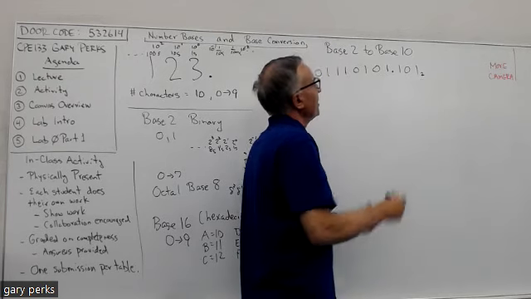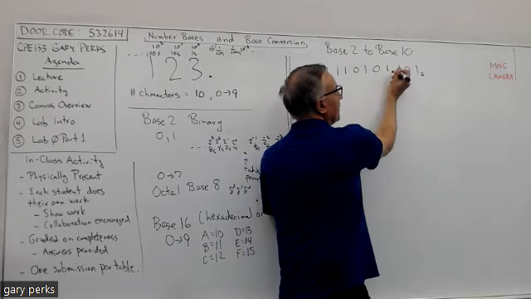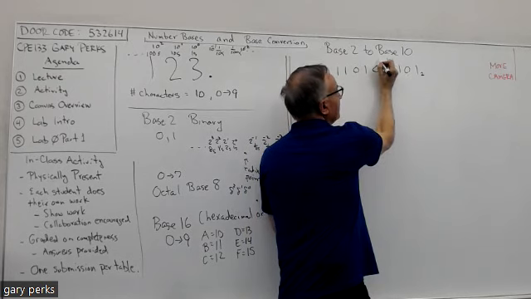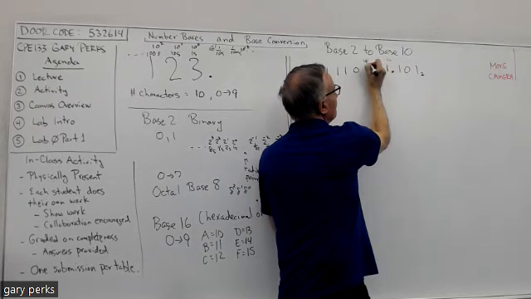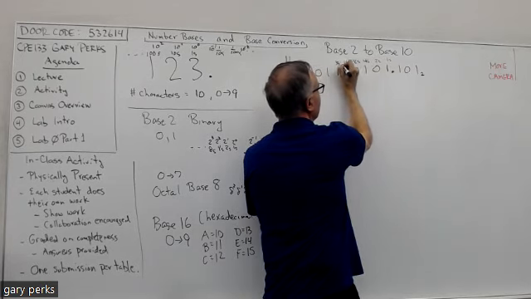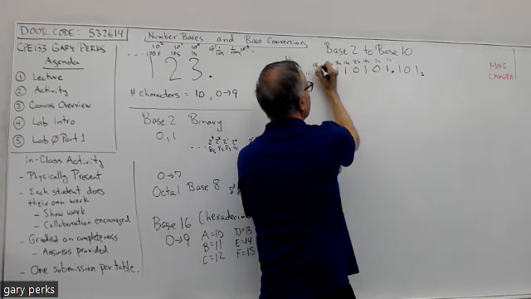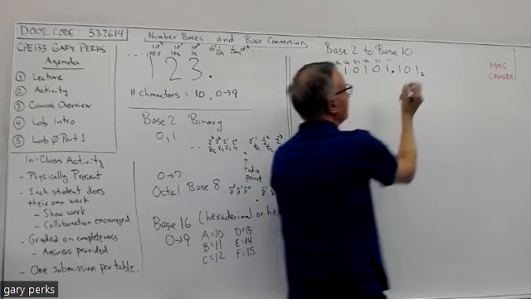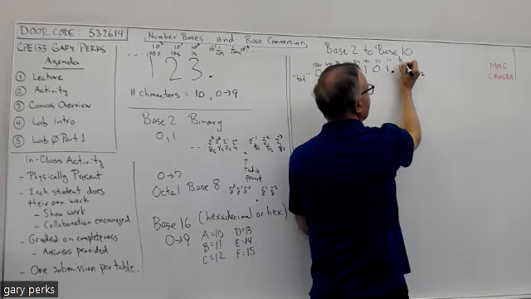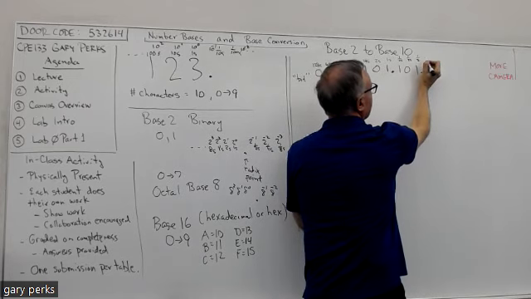Okay, so to convert this to base 10, again, this is our radix point. So just to the left, that's the 2 to the 0. So that's how many 1s, then how many 2s, how many 4s, how many 8s, how many 16s, how many 32s, how many 64s, how many 128s. And then over here, how many halves, how many quarters, how many eighths.